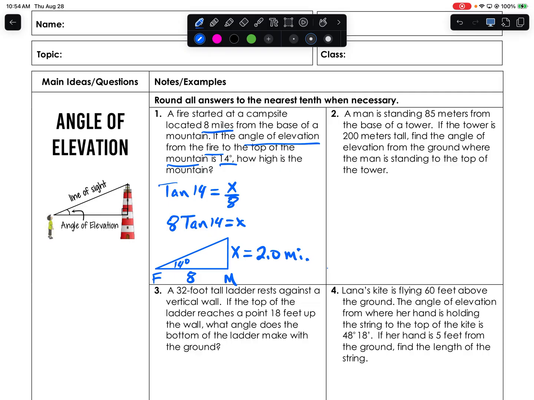Okay, man standing 85 meters from the base of the tower. So here's your little dude. He's standing 85 meters from a tower. It's not letting me move it, it's fine. And the tower is 200 meters tall.